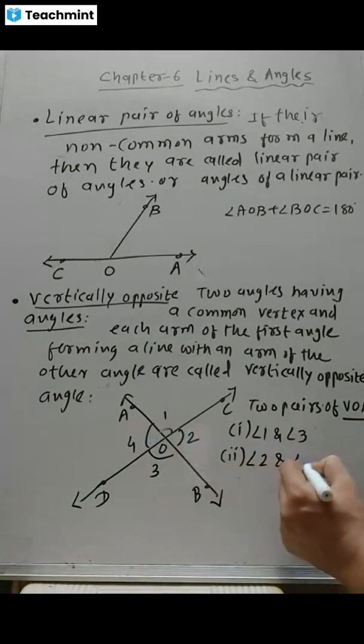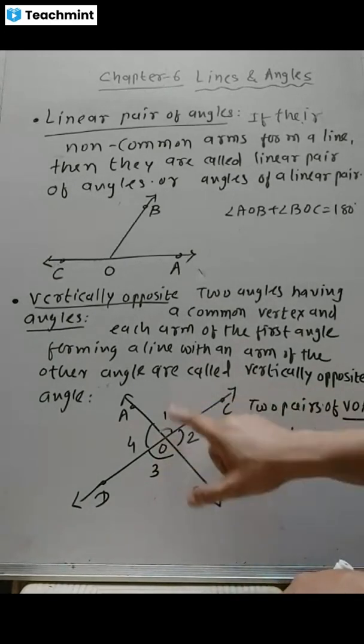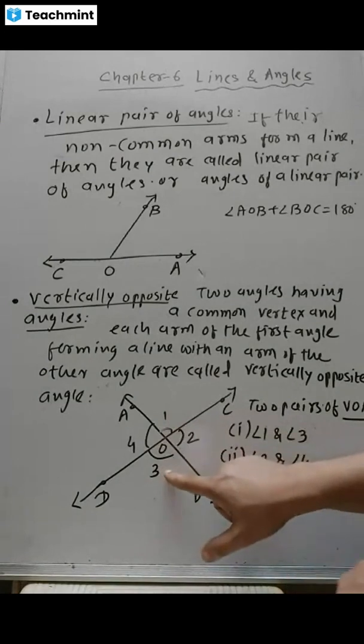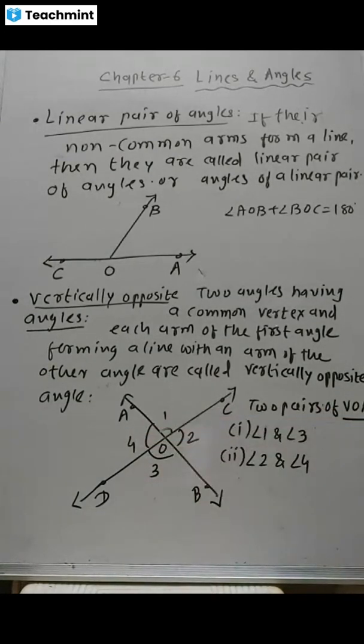Vertically opposite angles are always equal. If angle 1 is 100, then angle 3 is 100. If angle 2 is 80, angle 4 is 80.